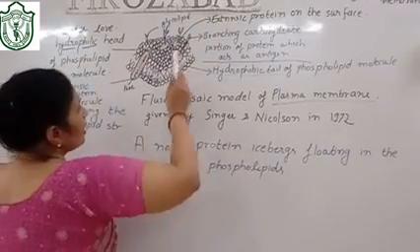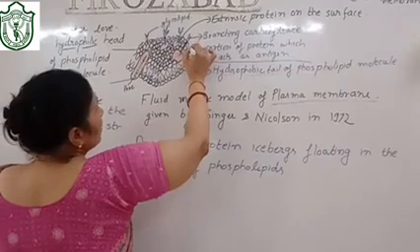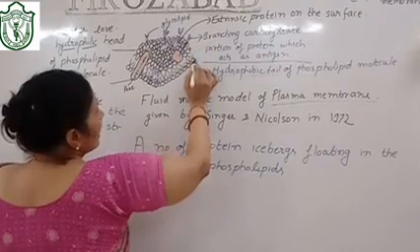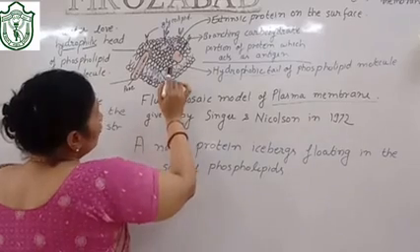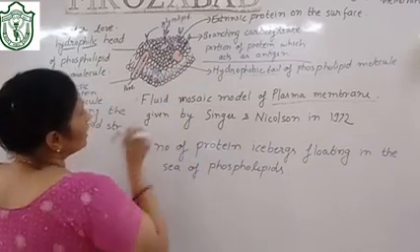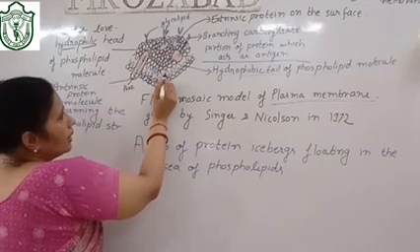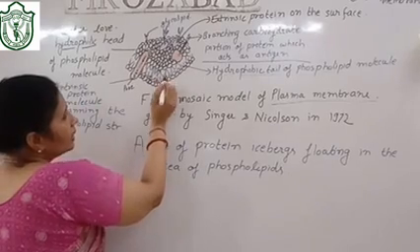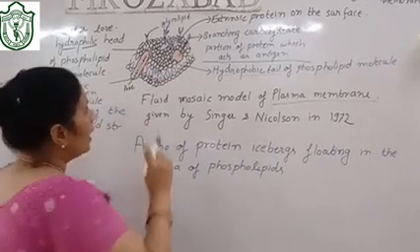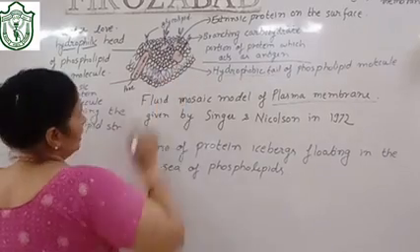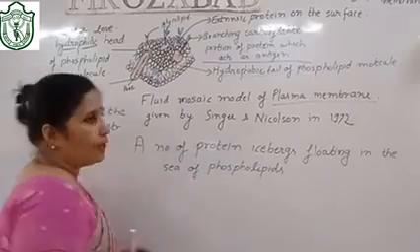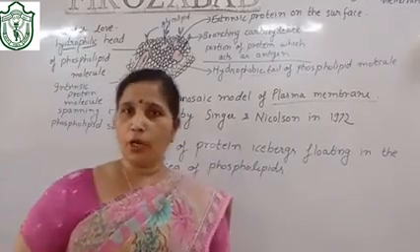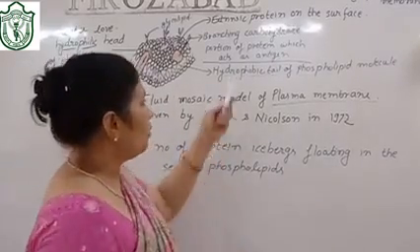Now this is one layer, and this is another layer. You are observing that the hydrophobic ends are facing each other from two sides. Just concentrate here, this is the hydrophobic end, and this is the hydrophilic end. Hydrophobic means hating water.